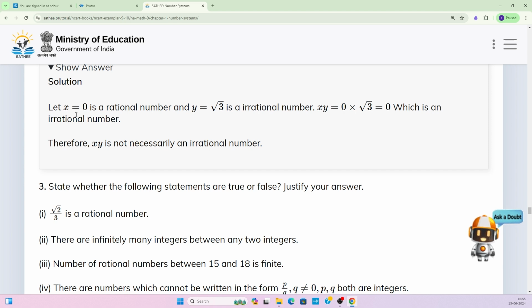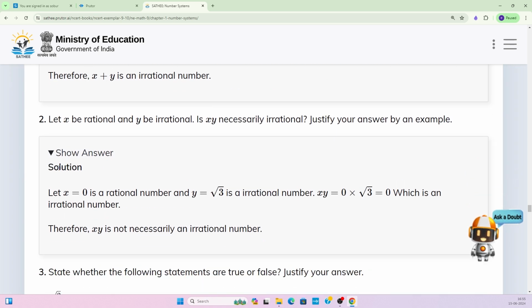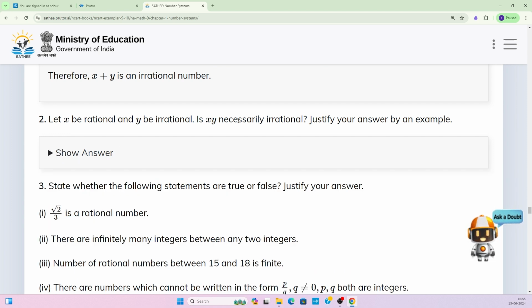Then xy is equal to 0 times root 3, that is equal to 0, which is not an irrational number. So if x is rational and y is irrational, then it is not necessary that xy is irrational. Now let us move to next question.